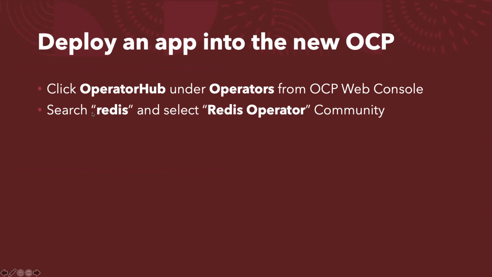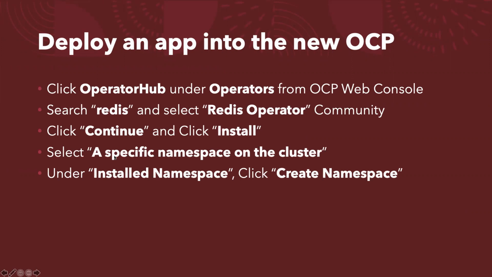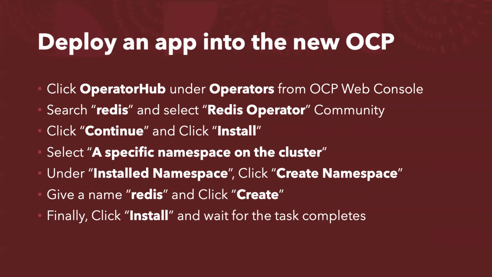For example, if you want to deploy Redis, you just search Redis, and from there you can continue, click install to a different namespace, you might be asked to give a name, and click create. Finally, click install. That's how you deploy the application into the OpenShift cluster. It's so easy, so simple from the UI, a couple of clicks.